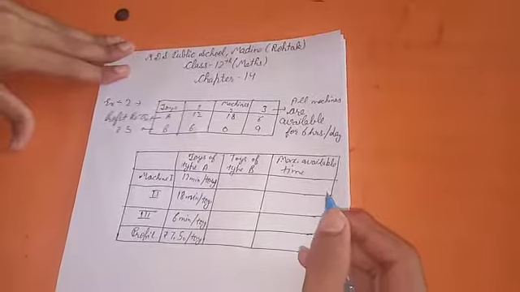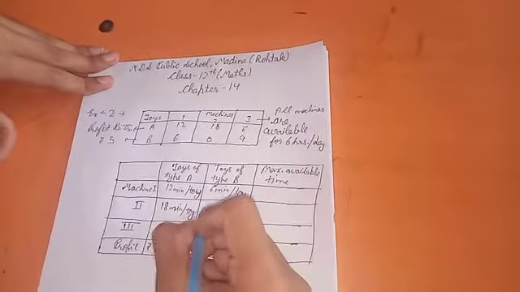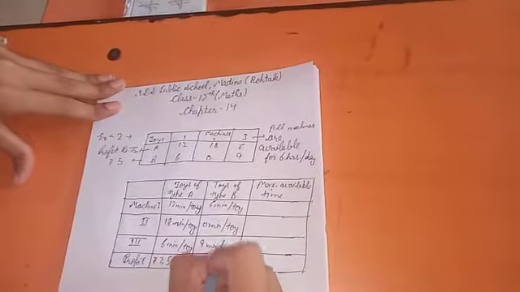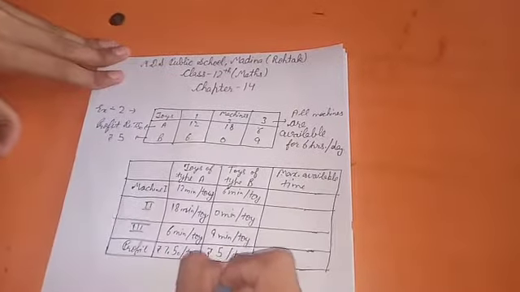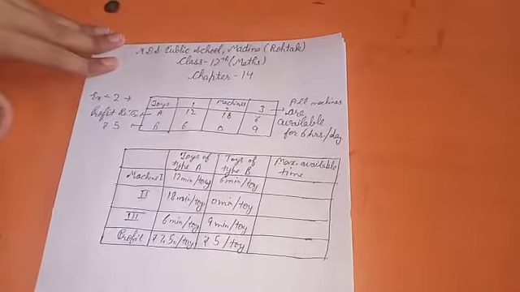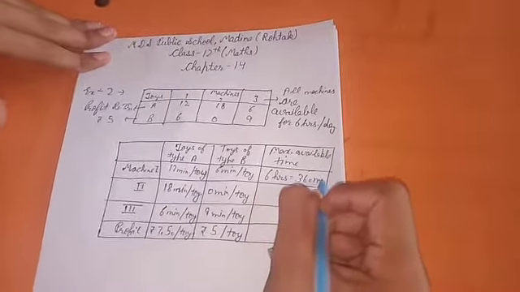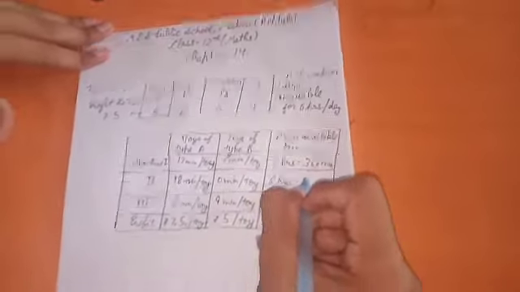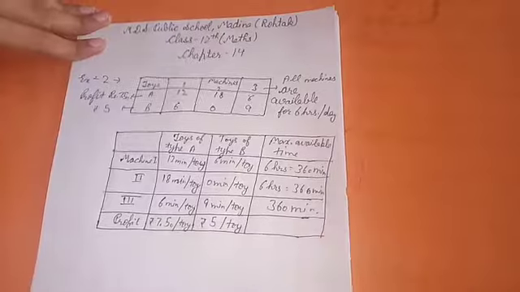Similarly for toys of type B, 6 minutes in machine 1 per toy, 0 minutes in machine 2 and 9 minutes per toy in machine 3. Also profit is rupees 5 per toy. Now maximum available time for all these 3 machines is given to us as 6 hours. Now we can convert this into minutes because we are given in minutes. So 6 hours, 360 minutes, and here also 360 minutes.